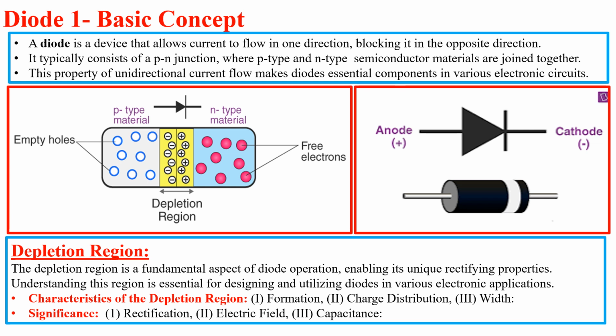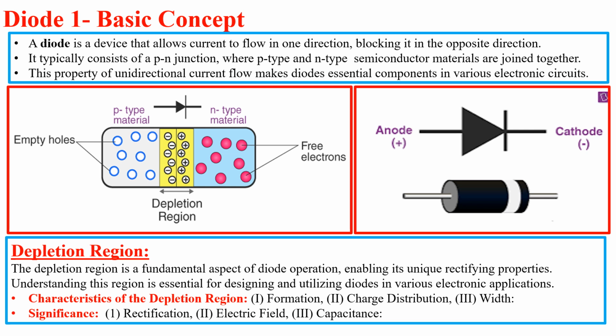It is the main region by which all electrical properties of the diode are controlled. Charge distribution: as electrons leave the n-type side, positively charged donor ions remain in this region, while holes that enter the n-type side leave behind negatively charged acceptor ions.